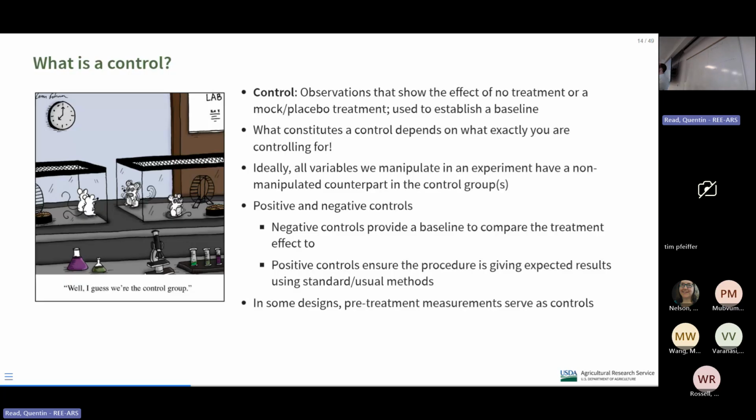So typically those experiments do not have unmanipulated controls, for both logistical and ethical reasons. But in some cases, you can use pre-treatment measures on the same individuals that later get the manipulation to serve as controls.